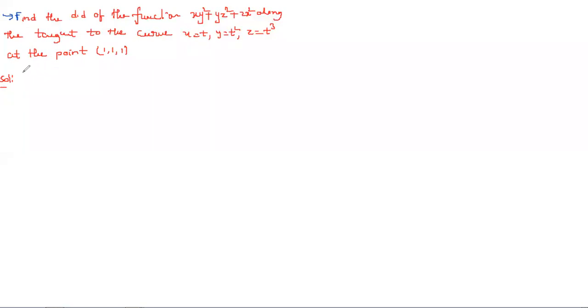Okay. So first we can give a name to the given surface: f is equal to xy square plus yz square plus zx square. Now first we can find del f.